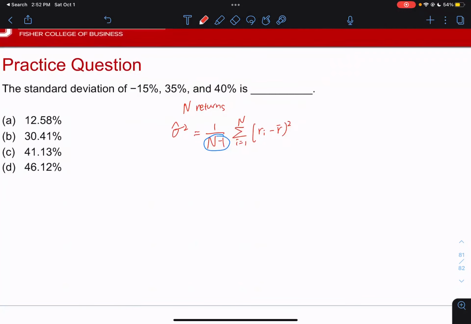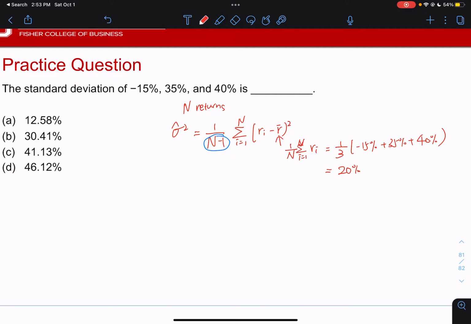So the R bar here is 1 over n times the sum, just the average. Here it is just 1/3 times negative 15% plus 35% plus 40%. It equals 20%, the average.